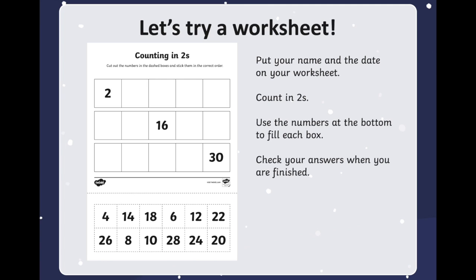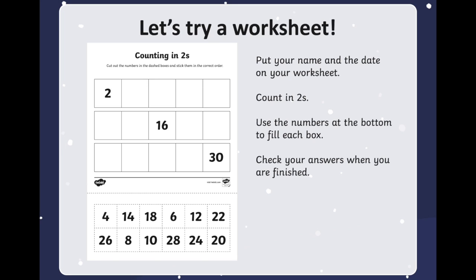Let's continue the counting pattern. After 10, we have 2 more to make 12. Here is 12 and we shall put it here in this box. 12, 14, 16, 18, 20. Well done, everyone.